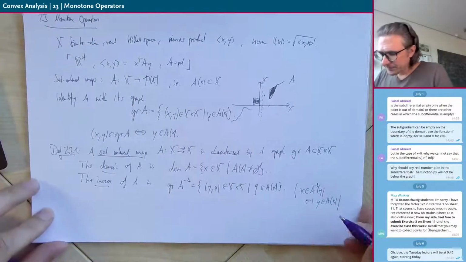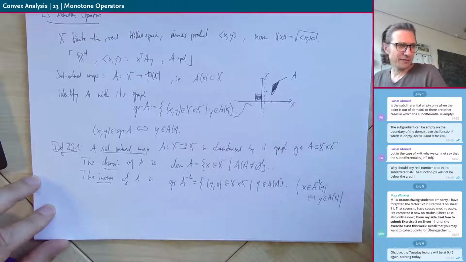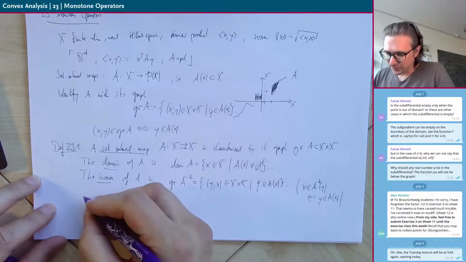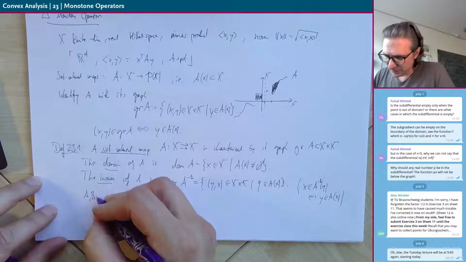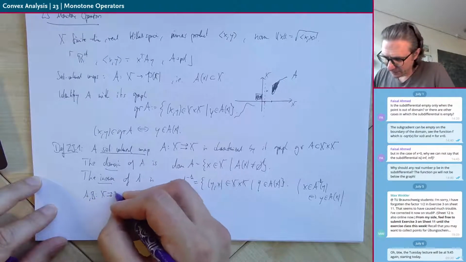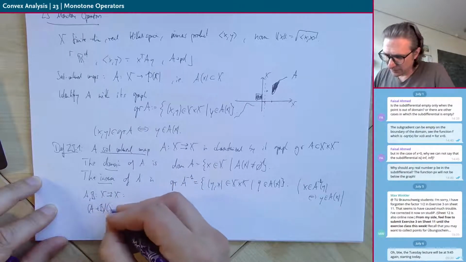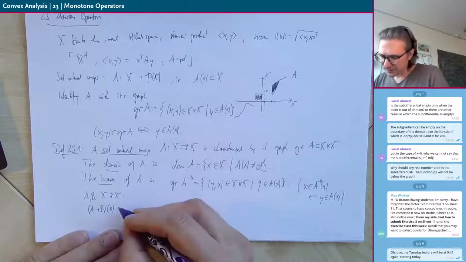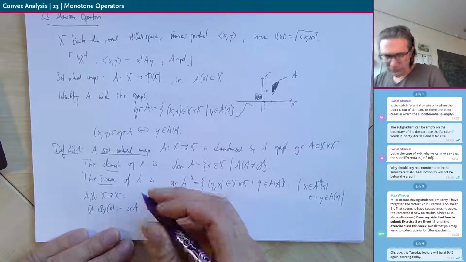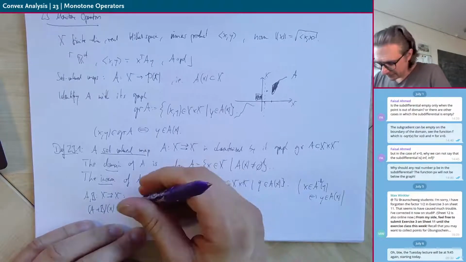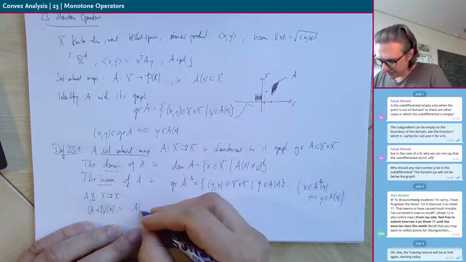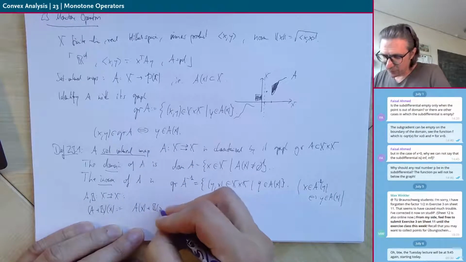Okay, and then we have algebraic operations which we can do with set-valued maps as well. So if A and B are set-valued maps, then we can add them together, and (A plus B) of x is defined as A of x plus B of x, where on the right hand side we have the Minkowski sum.